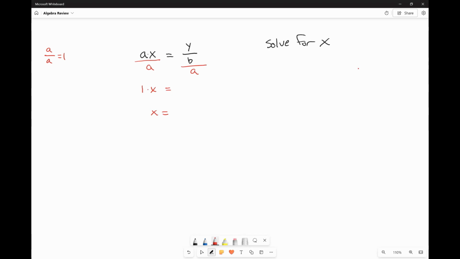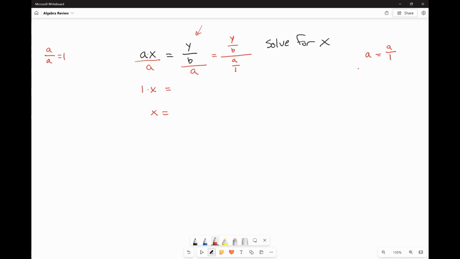Okay, so now we just need to figure out what the right side means in order to solve it. What we've done is taken y divided by b and divided that whole thing by a. Now, how do we deal with this one? This is tricky. What I always like to do is use that technique I showed you earlier. Treat this as two fractions, one on top of the other: y divided by b, all of which is divided by a divided by 1. Because remember, any value is equal to itself divided by 1.